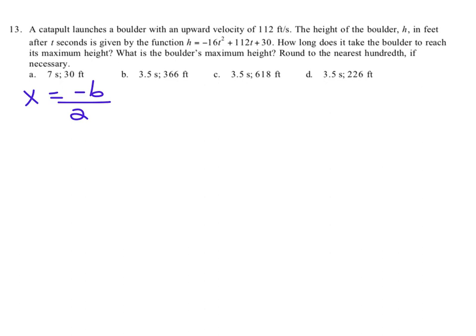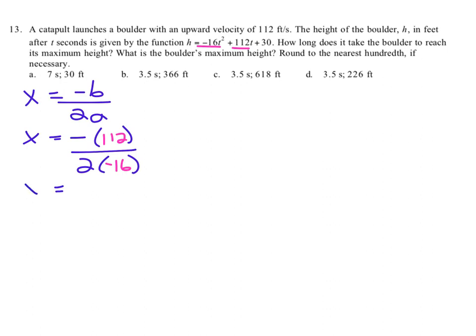And then if that's the case, x is equal to the negative of whatever the b value is, divided by 2 parentheses, whatever the a value is. So, in this particular problem, let's look up top. The b value is positive 112, and the a value is -16, just like it's going to be for all of these types of problems where gravity is working on these things.